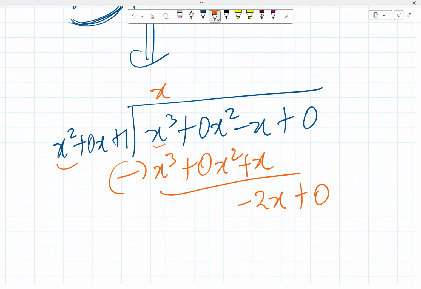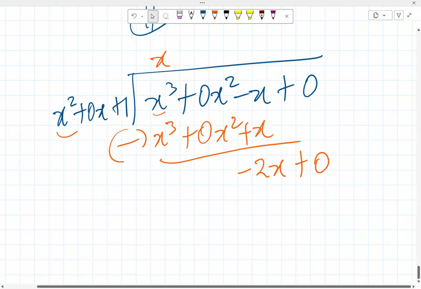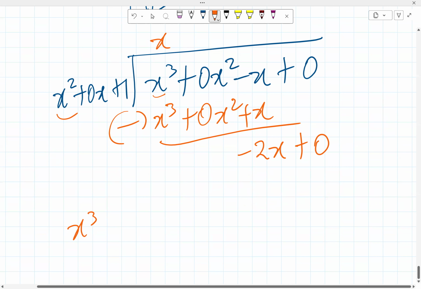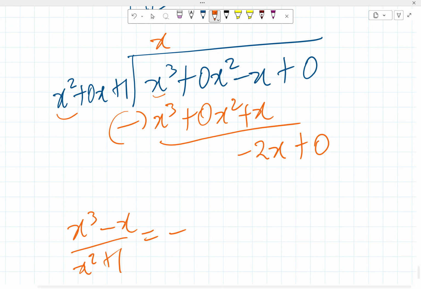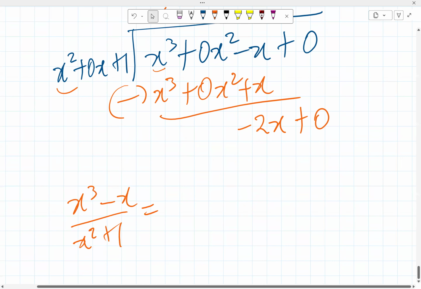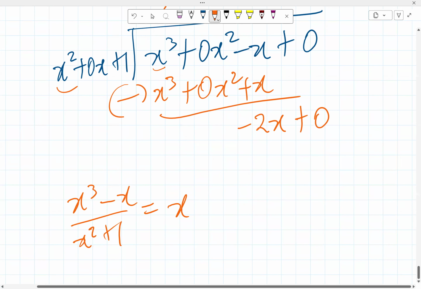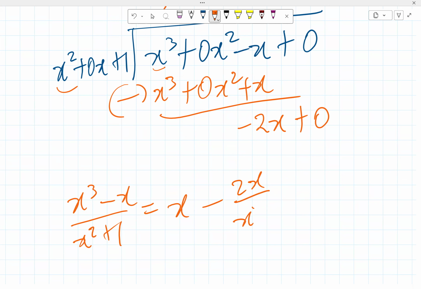Then you bring down the 0 and go again: -2x divided by x². It's not possible, because x² cannot divide -2x. So what we have here is that (x³ - x)/(x² + 1) is simply x, with a remainder of -2x over x² + 1.